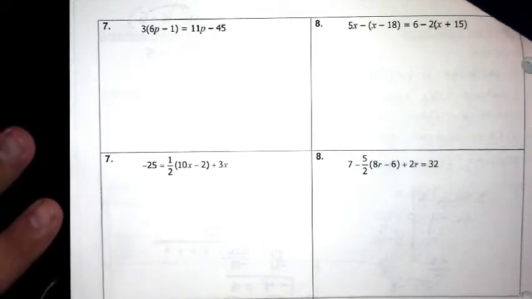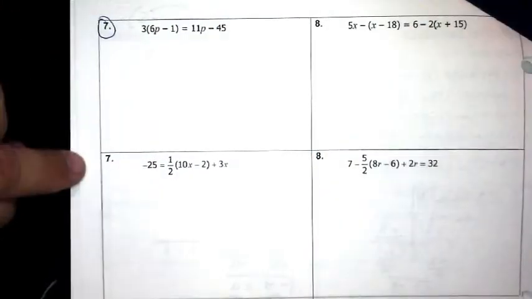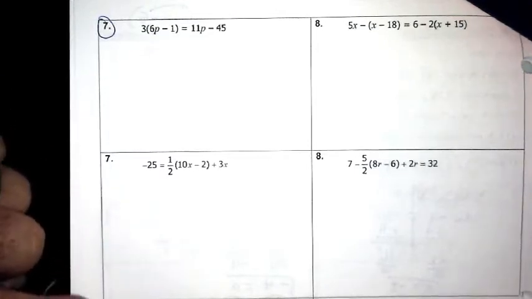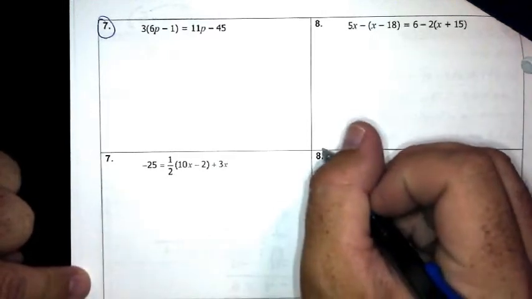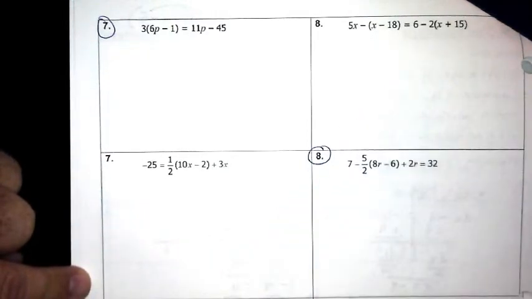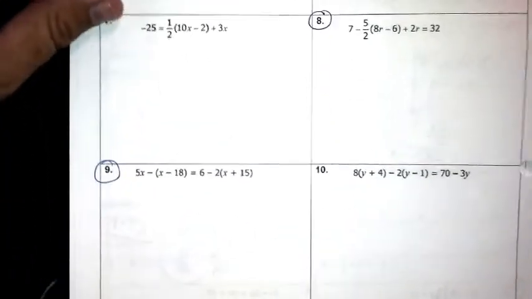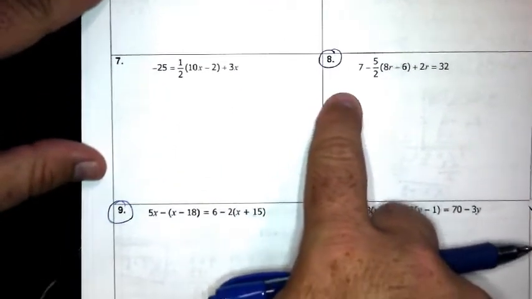So we're going to look at number 7 first, then we'll go diagonally to number 8, and then go diagonal to number 9. We'll do those 3 examples here.